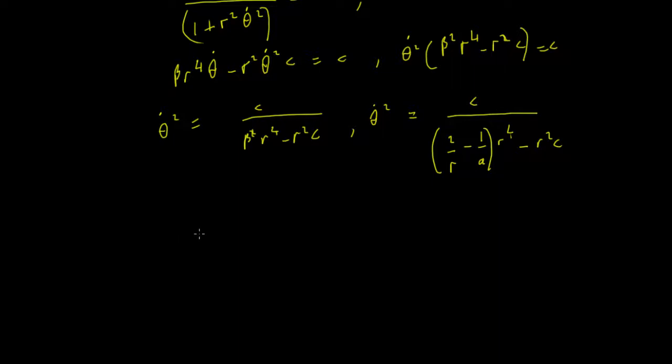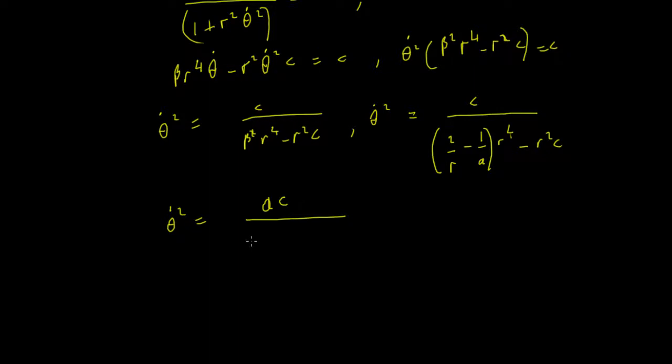So we're going to say then theta dot squared is going to equal, so that's going to be a value of a c. Okay, so we're going to take that a up.